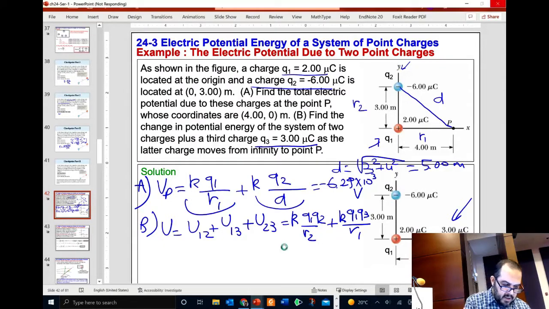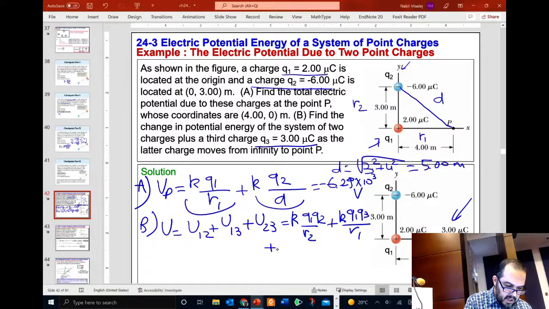Then we have to add plus K Q2 Q3 divided by the distance between them. We said it's D. Okay, so this is now, oh, here they're asking for the change in potential energy, not the potential energy. So this is the final potential energy.